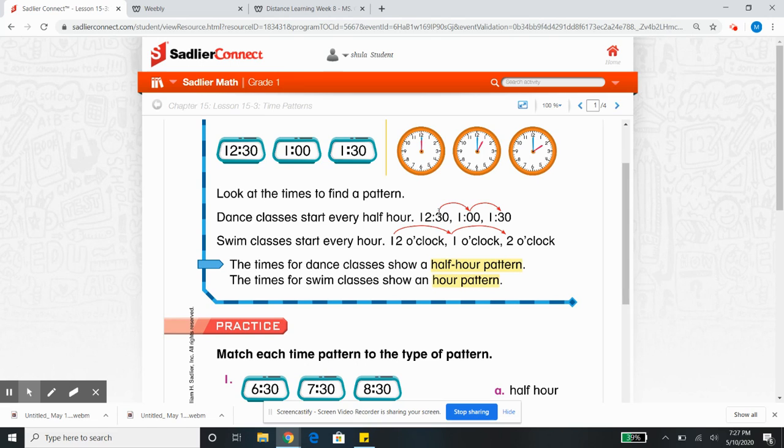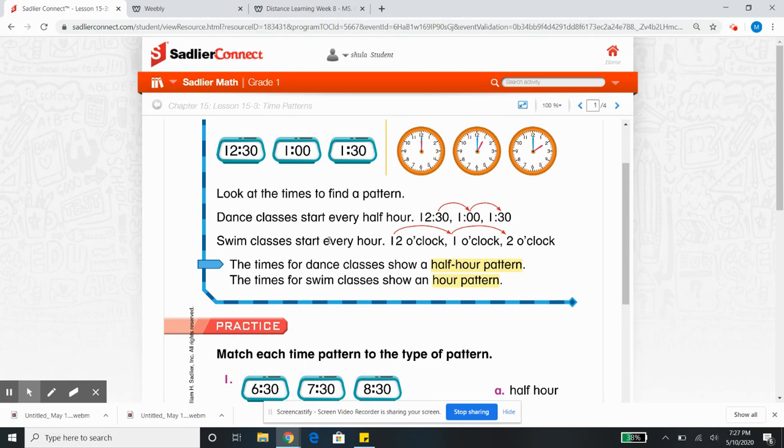You can even draw it out on a clock without any hands. You're going to start at 12:30, and then you're going to go only halfway. So that's going to bring you to 1 o'clock. Now you're going to go another half. That's going to bring you to 1:30. So that's talking about the half hour.